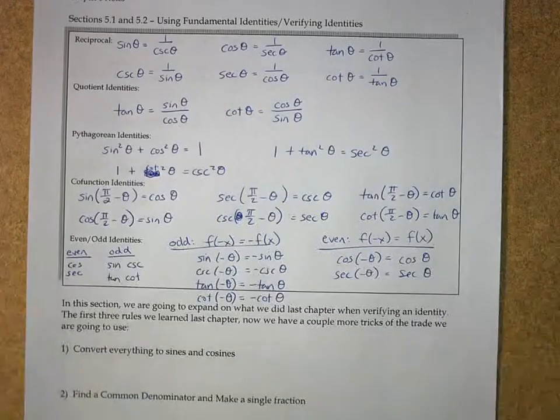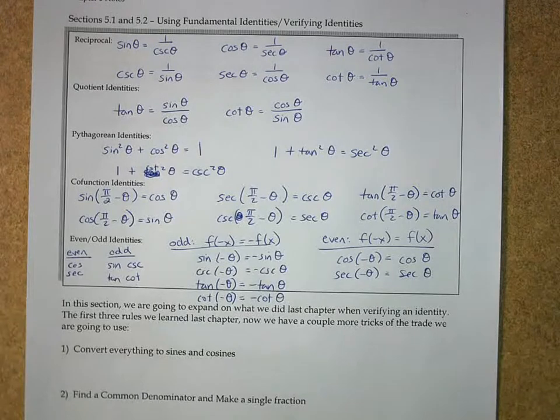So those are all the identities that we learned back in Chapter 4 that you're responsible for going into Chapter 5. Now, with those identities, we learned last chapter that there were 3 things that we tried to do whenever we simplified something. So if I gave you a long identity, we drew that chasm between the two sides along the equal sign, and we only manipulated one side.